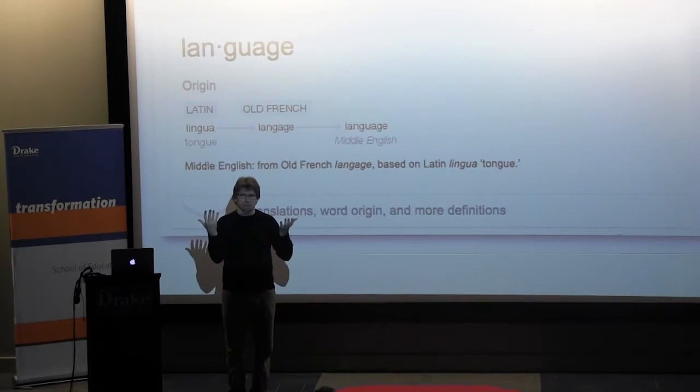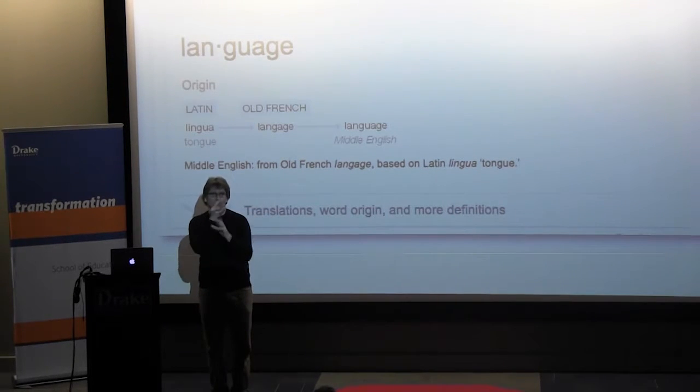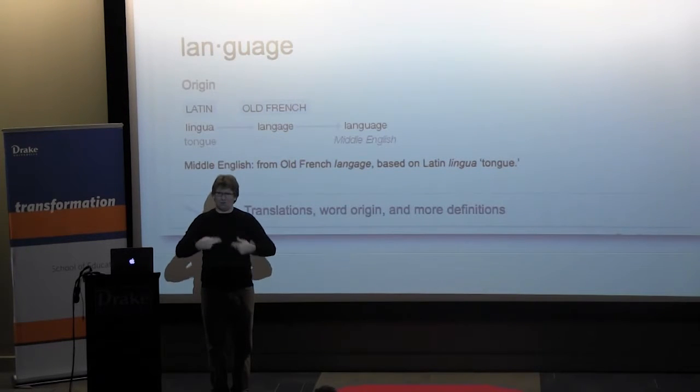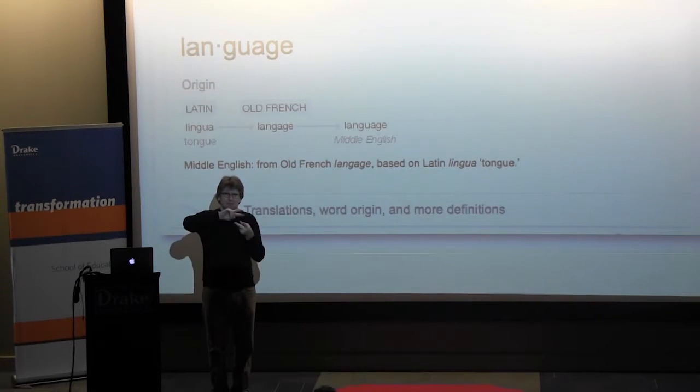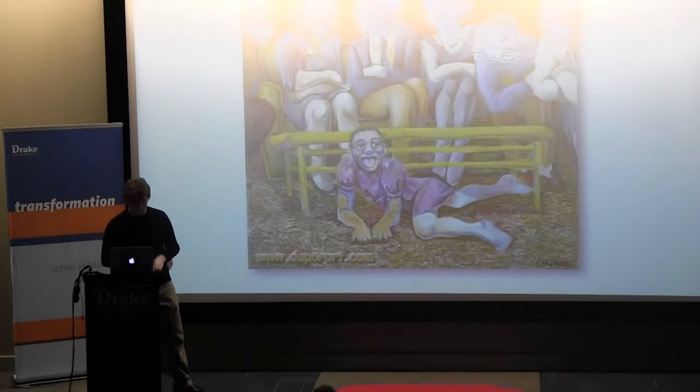Does this subjugate other languages, other forms of communication? The very fact that I'm communicating with you all right now, using interpreters to translate my American Sign Language into spoken English, is proof that I'm human as well. It means that there is something very innately wrong with our definition of language and that there could be another perspective.